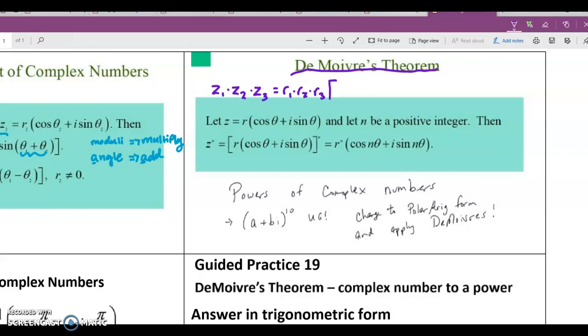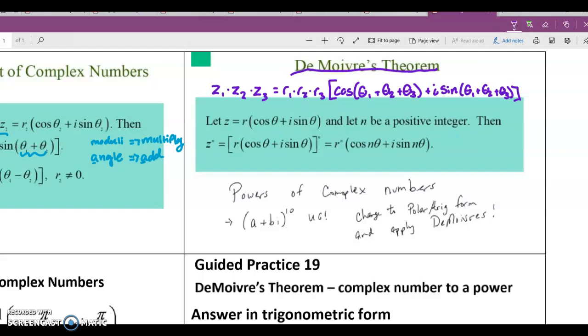And then we add our angles. So we'd have cosine of theta 1 plus theta 2 plus theta 3, plus i times sine of theta 1 plus theta 2 plus theta 3.